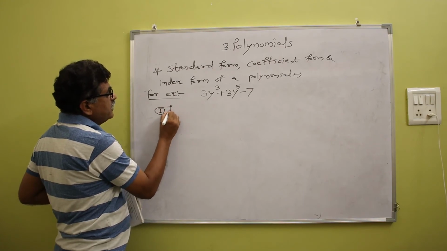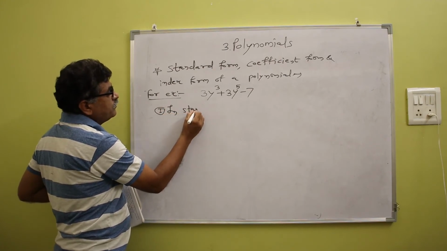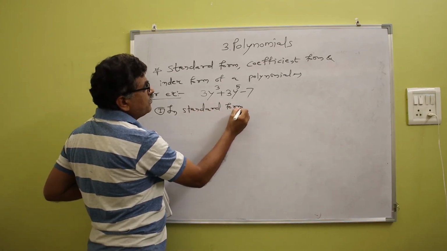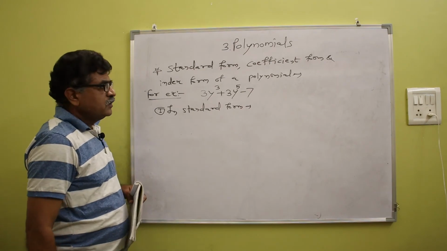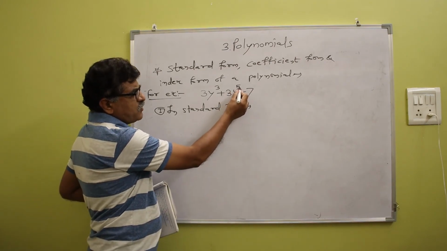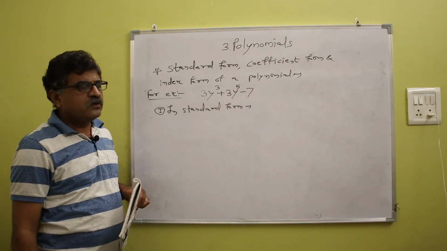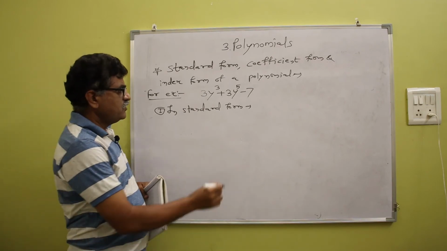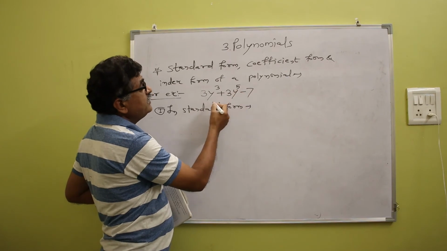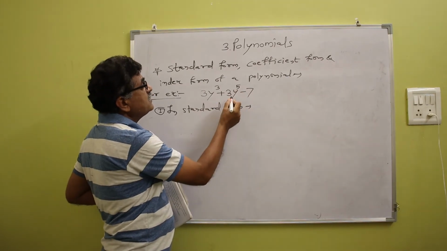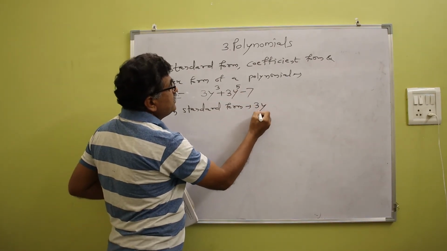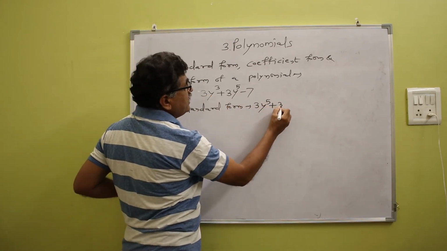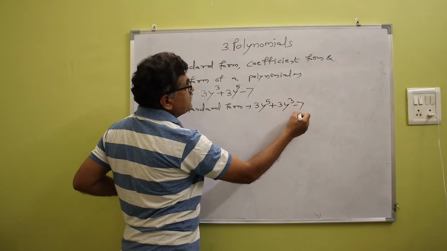Now first, in standard form. Here highest power of index is 5, therefore this polynomial contains 6 terms, or write this in descending order of powers of variables, that is 3y to the power 5 first, second 3y cube, minus 7.